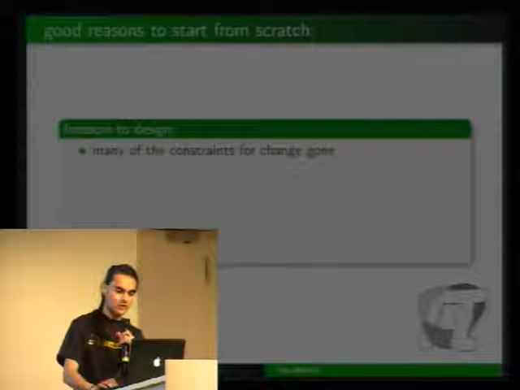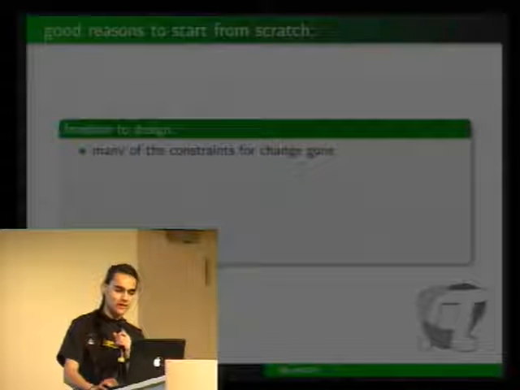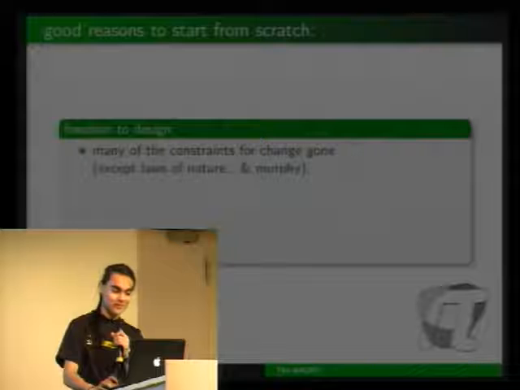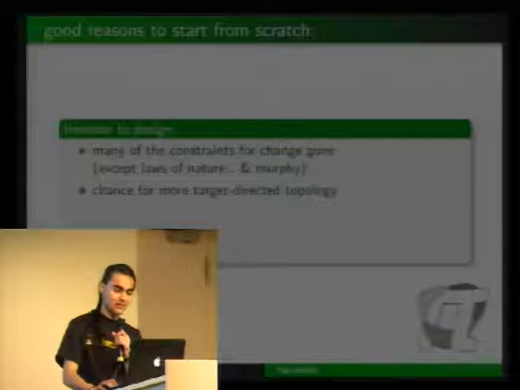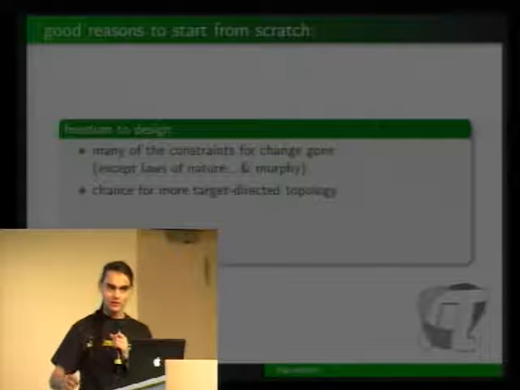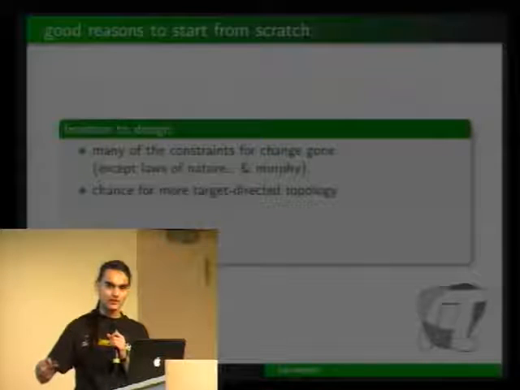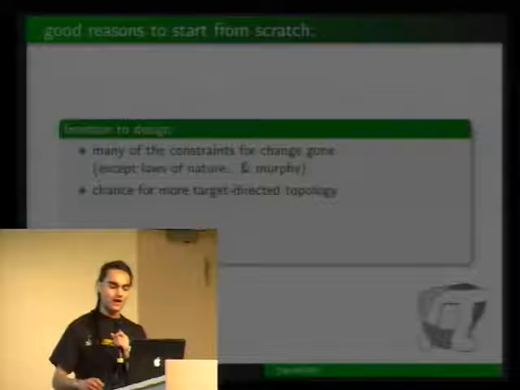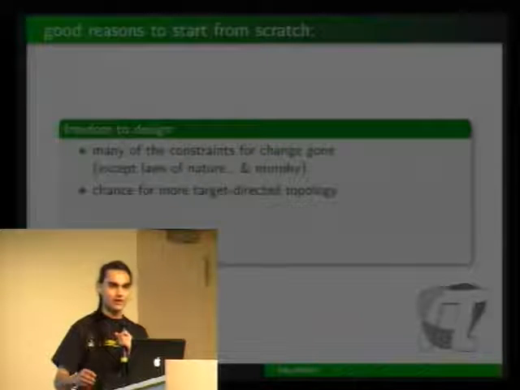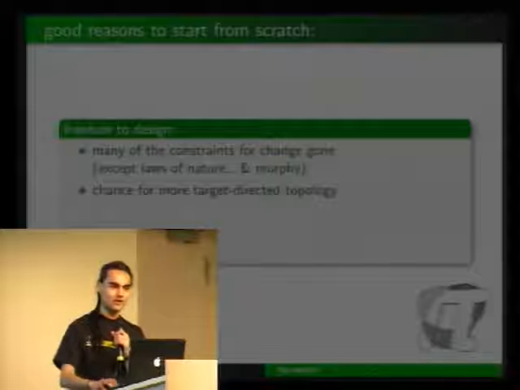So many of the constraints, if you try to do it from scratch, are gone, except laws of nature, and probably Murphy's law. And it gives you a chance to do topology, which is target directed, like you want to achieve something, like make humans happy and improve upon everything and save the environment and increase efficiency and all this stuff.